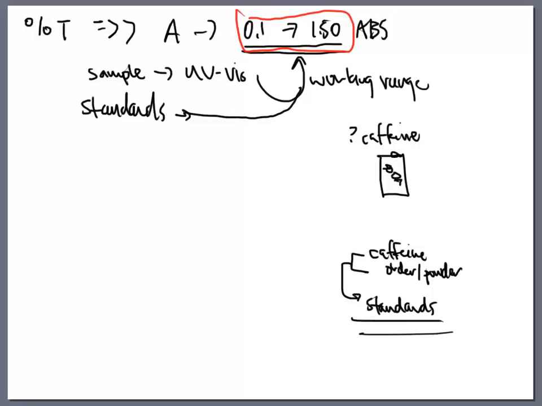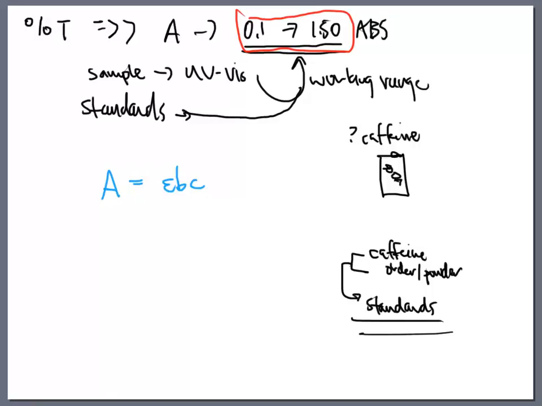Okay, so how do we know how to make standards, especially, that are within this working range of 0.1 to 1.5? Well, there is a magic equation, and that equation is A equals EBC. Almost like the alphabet.